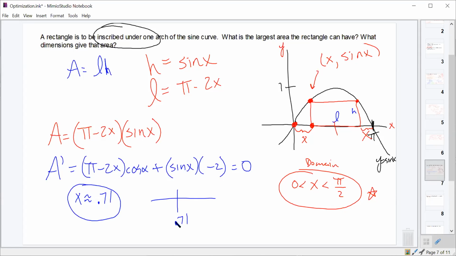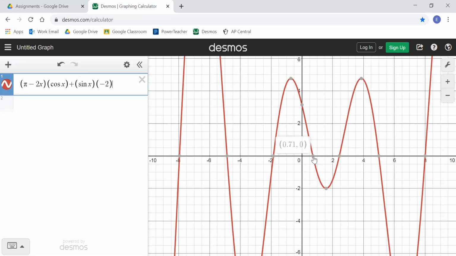We should really easily be able to figure out our sign chart for this, because we're looking at the graph of the derivative. To the left of 0.71, the derivative is positive, isn't it? Yes.